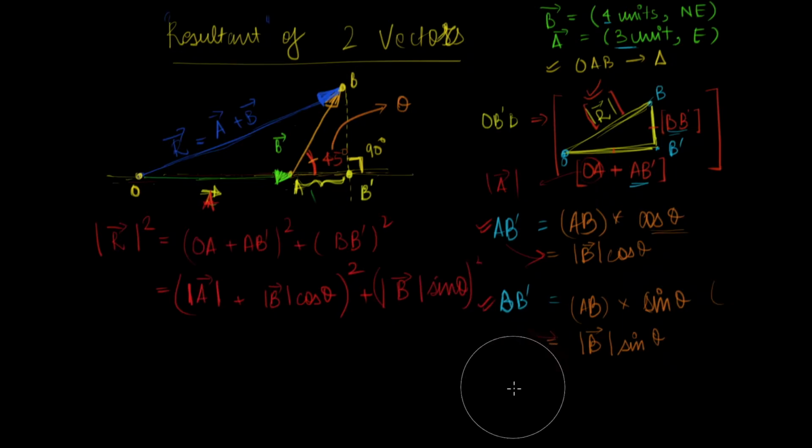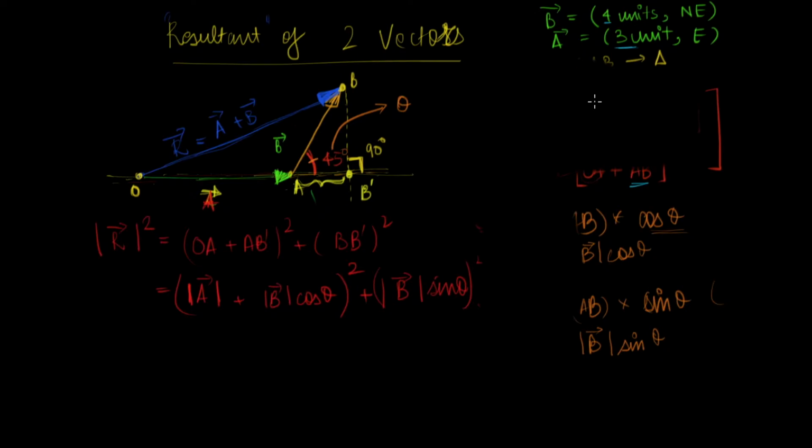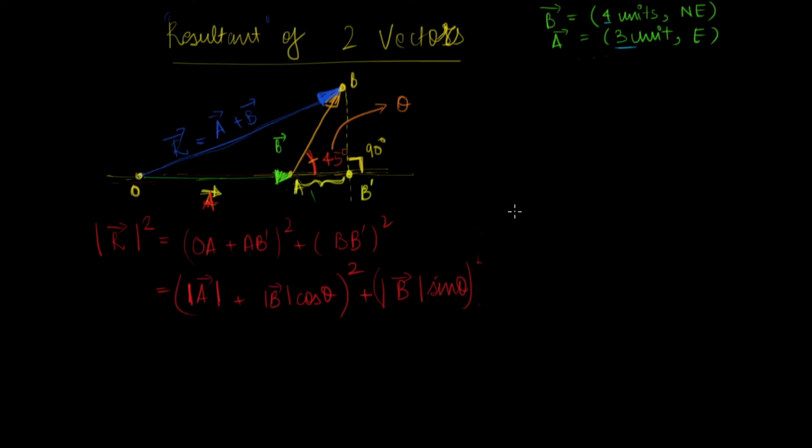So we have our expression for R. Let me just get rid of this because this is no longer required. It's just an explanation. We already have used that, so we can proceed ahead. So this is squared. Therefore, let me change the color again. R squared, R as in the magnitude of our vector, we can expand this out.